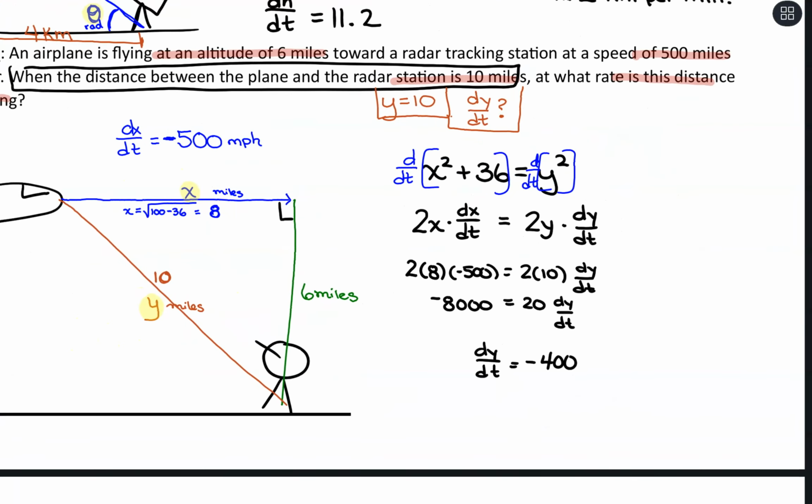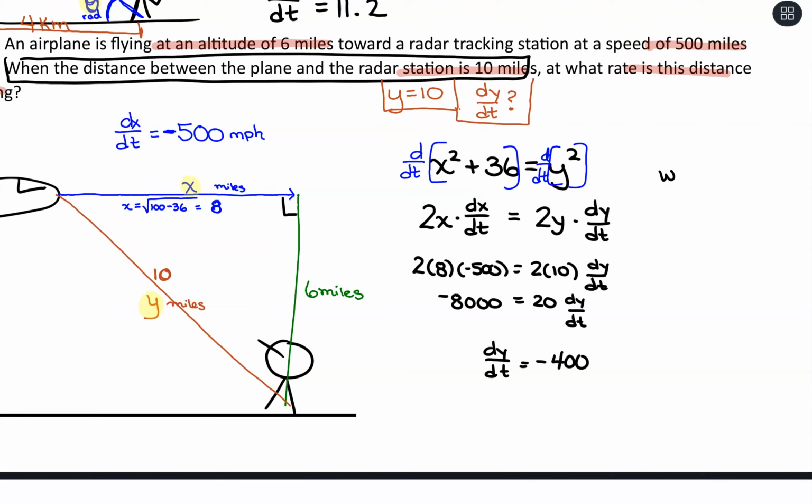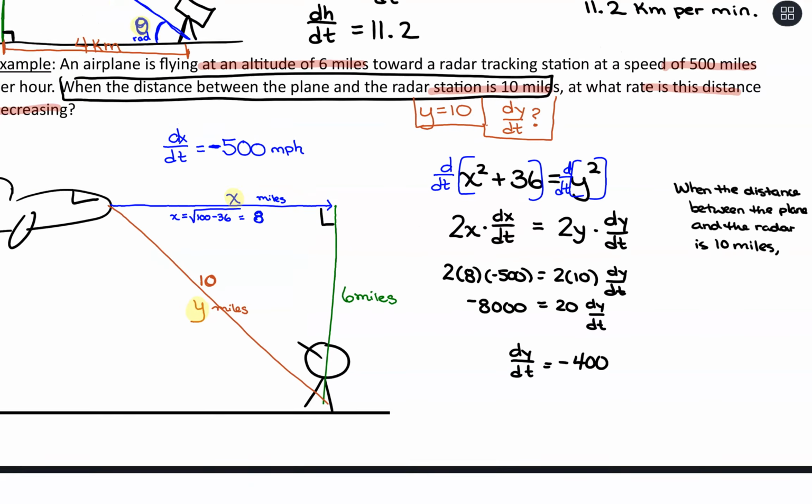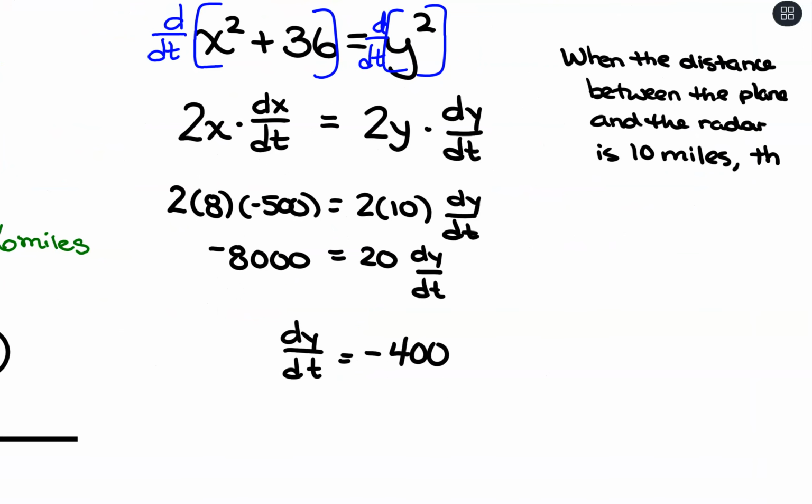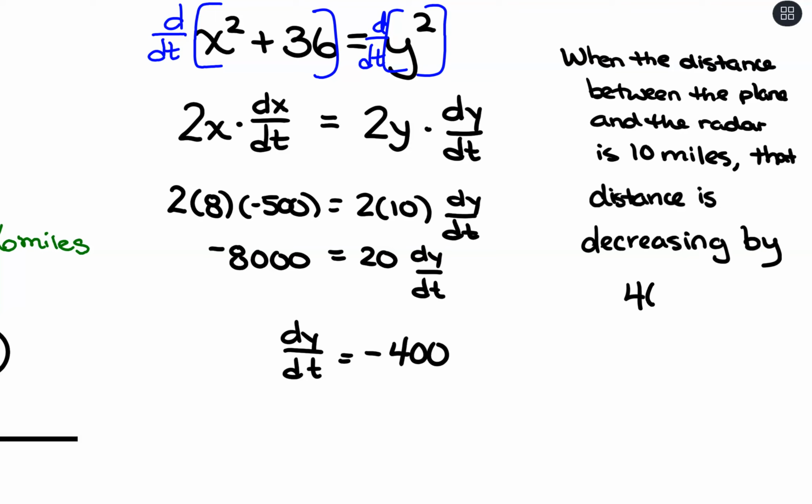Okay, so putting that together in a sentence: when the distance between the plane and the radar station, so setting our moment in time, is 10 miles, that distance is decreasing, because it's negative, by 400 miles per hour.